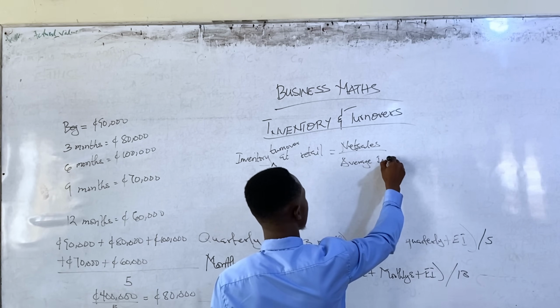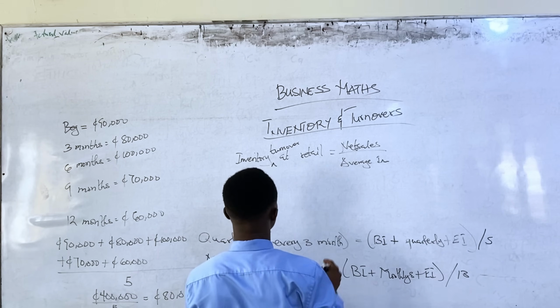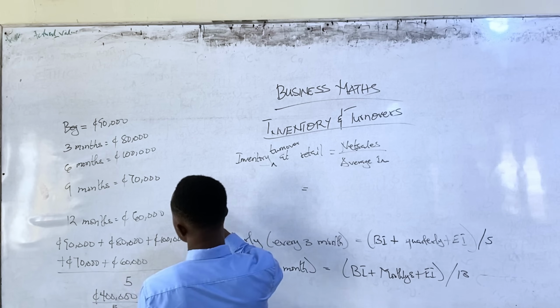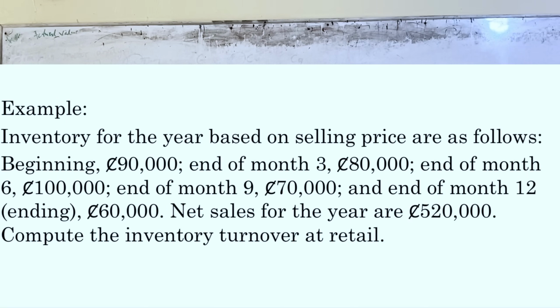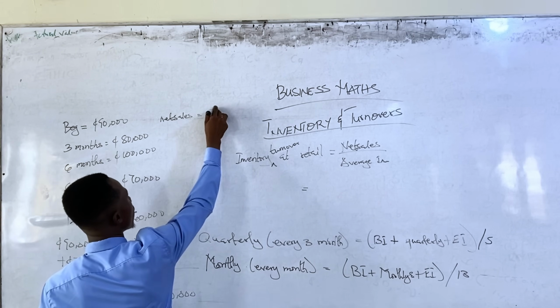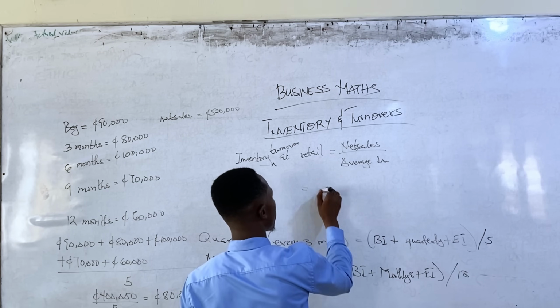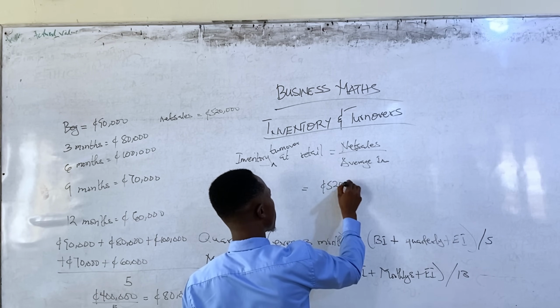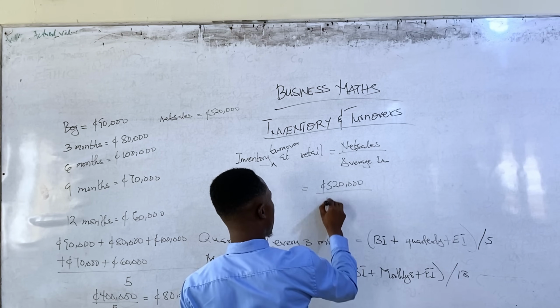Okay. So once you get that, we can say our net sales was given as what? The net sales was given as 520,000 from the question. So we have the net sales to be 520,000, divided by average inventory 80,000.